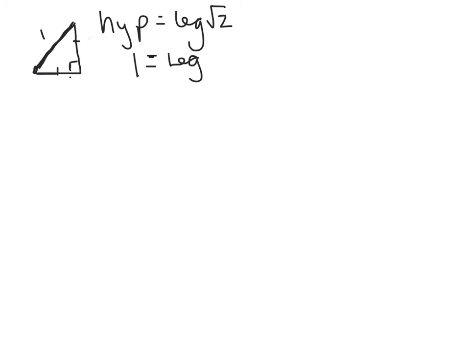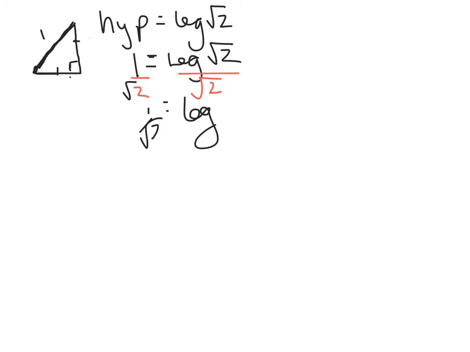Okay, so if you have a 45, 45, 90 triangle, and the radius is 1, we know the hypotenuse is 1, and we know the hypotenuse is equal to a leg times the square root of 2, and this would be 1 equals the leg times square root of 2. So to solve for this, I would divide by the square root of 2 and get that the leg equals 1 over the square root of 2.